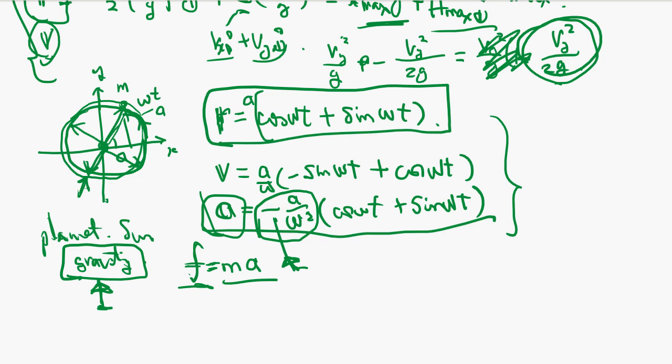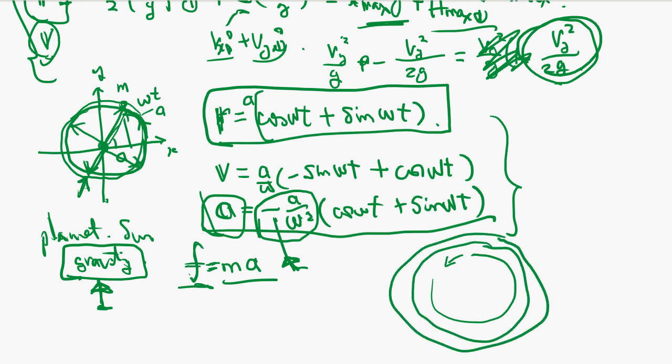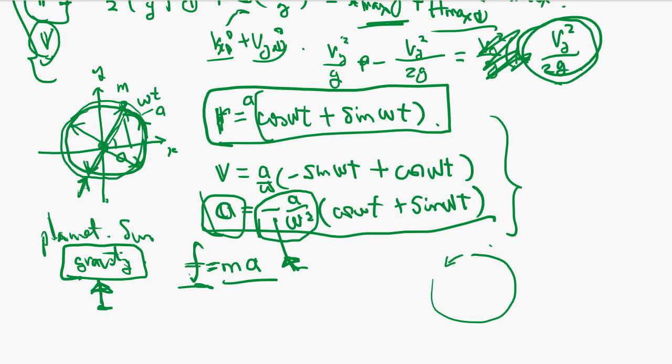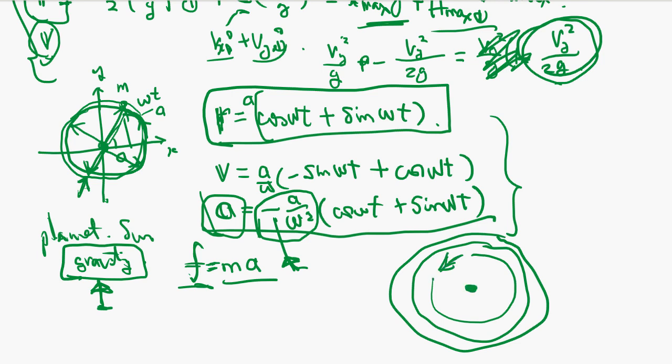Nowadays, scientists found several large stars circling around in the middle of the galaxy. And why are they circling around? There must be something, a gravity center. The telescope doesn't show what's in there because it's a black hole.